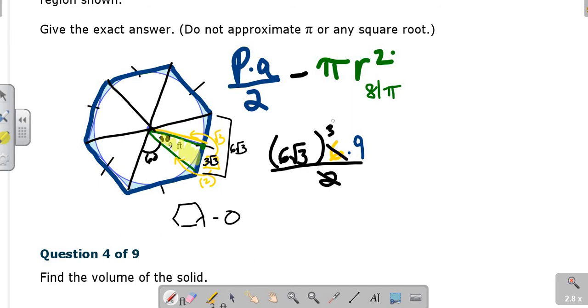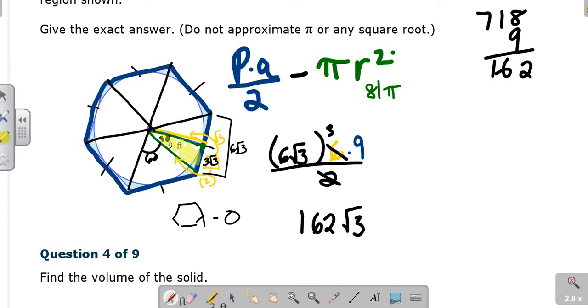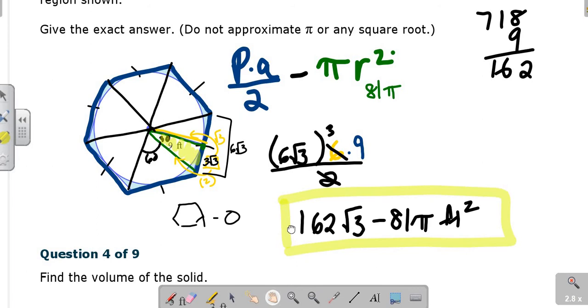So I have 6 times 3, which is 18 times 9. So we're going to get 162 root 3 minus 81 pi feet squared. And that is exact terms.